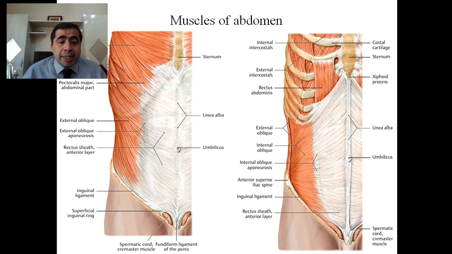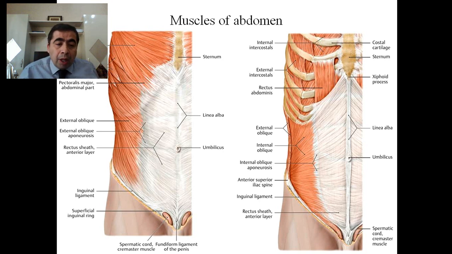It explains the large size of the external oblique muscle, and it passes to the aponeurosis. You are looking at the external oblique muscle aponeurosis, and it passes and forms the anterior wall of the rectus sheath.